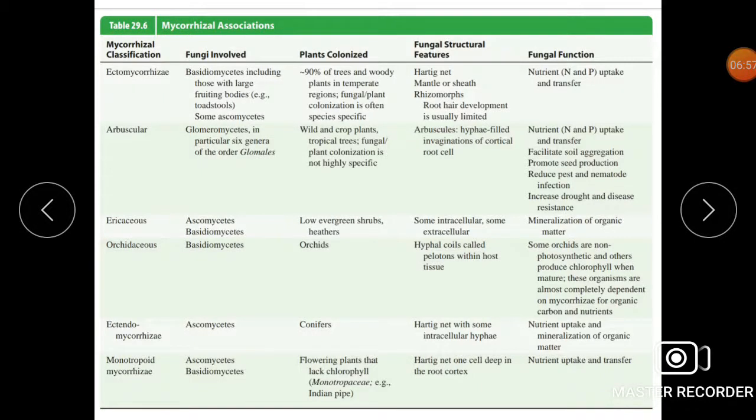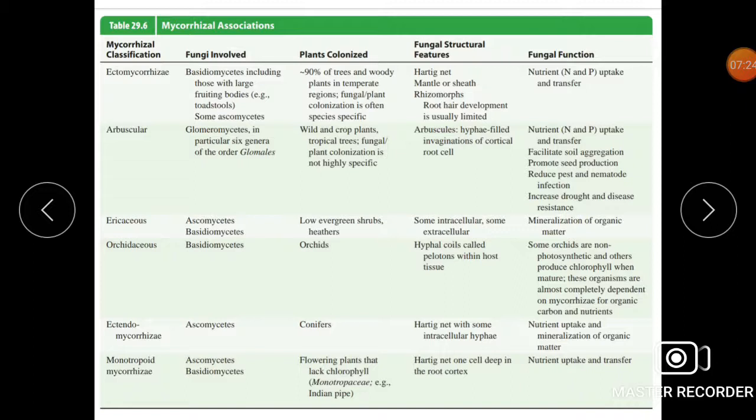It's a table of different types of mycorrhizae. The first one is ectomycorrhizae. The fungi involved in this are basidiomycetes, including those with large fruiting bodies, and some ascomycetes. Plants colonized are about 90% of trees and woody plants in temperate regions.